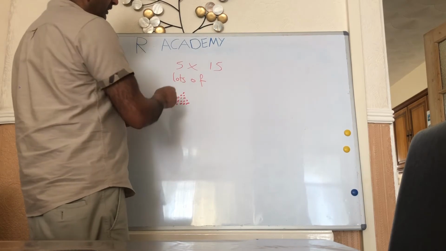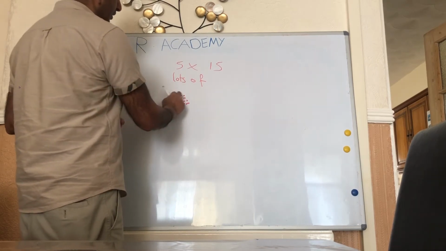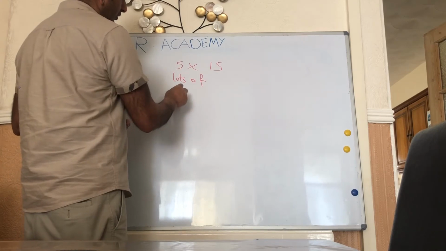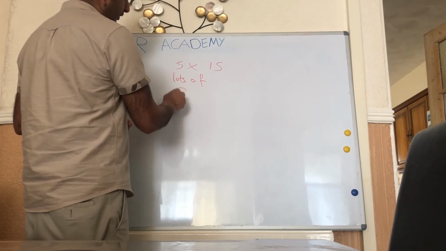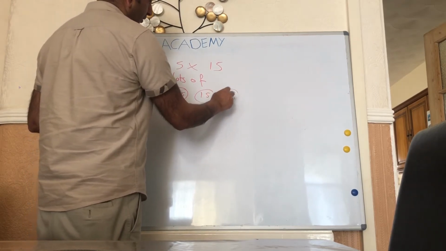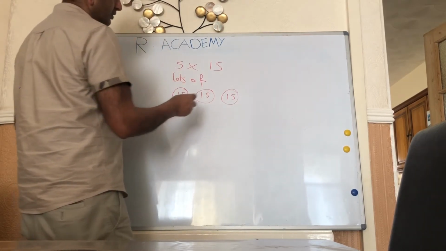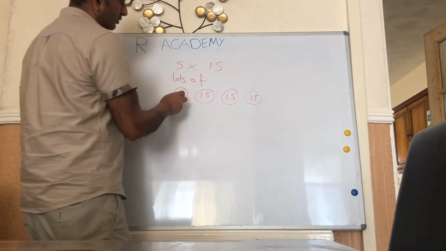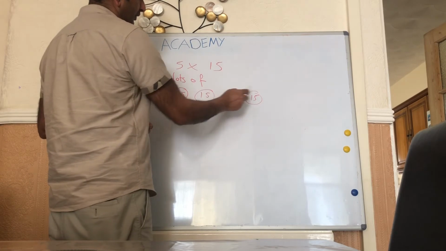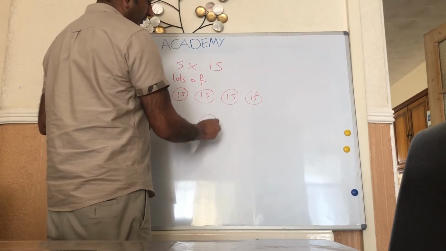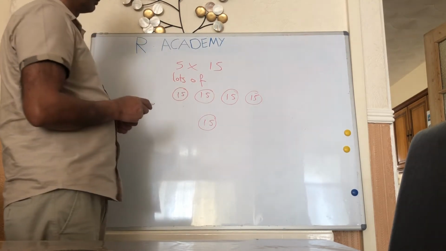A simpler way, instead of doing this, is to do a circle of 15, and a circle of 15, and a circle of 15, and another circle of 15. So that's 4 lots of 15, and then you've got one left. So that's 5 lots of 15.